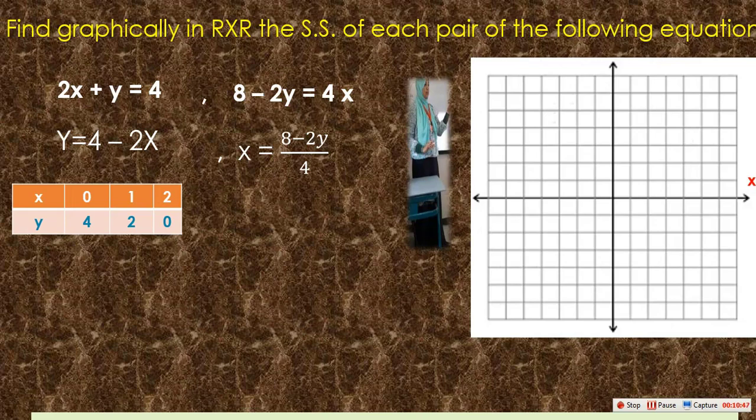But now how can we represent these ordered pairs 0 and 4, 1 and 2, 2 and 0 in the perpendicular square net? 0 and 4, 1 and 2, 2 and 0. Then draw a straight line.